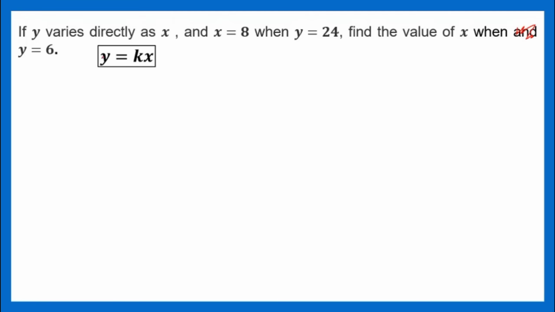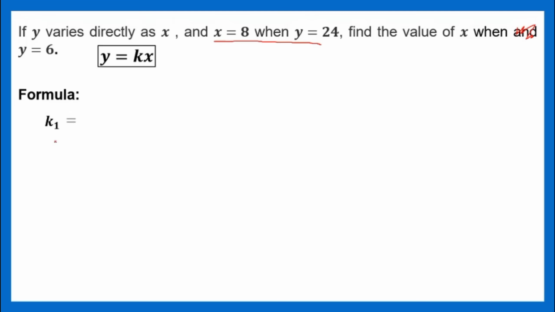By the way, dito sa ating discussion, puro y at x na ang ginagamit ko na variable. Pero you may encounter, kunwari, m saka n, s saka t. Pwede yun, basta marunong kang mag-translate, kaya mo namang masolve yun. So, let's discover first the formula. Sabi ko kanina, ang k value nito at ang k value ng kabila ay pareho.